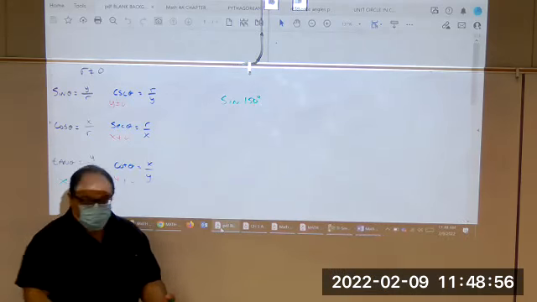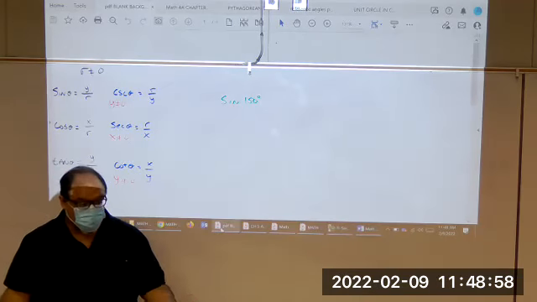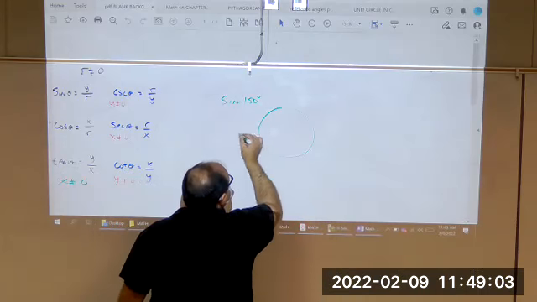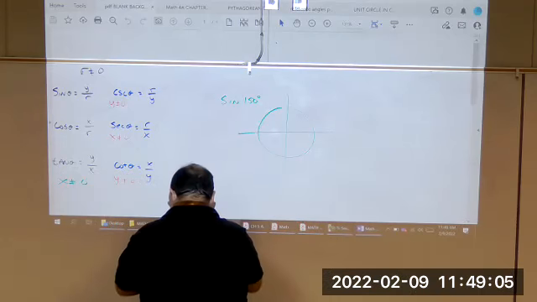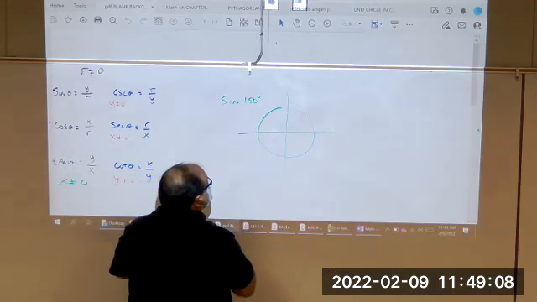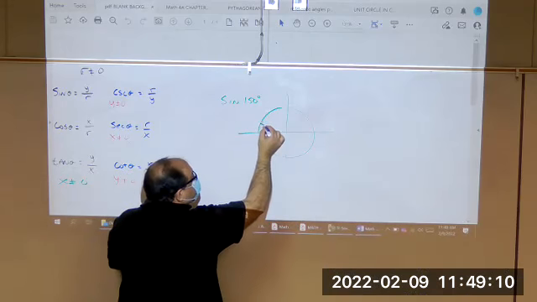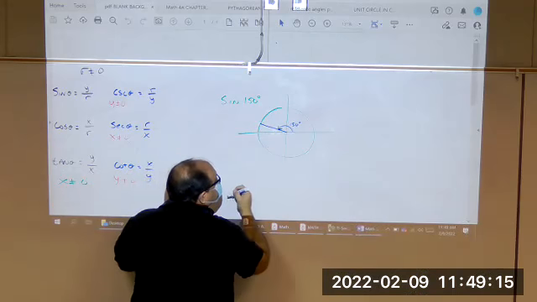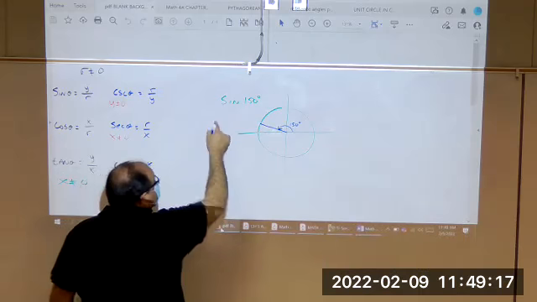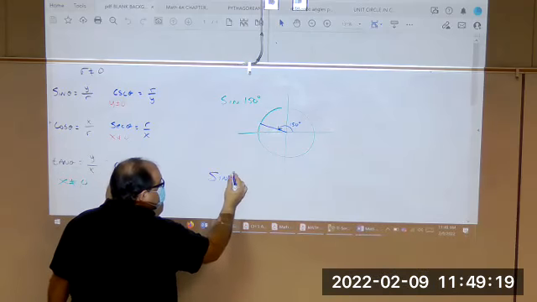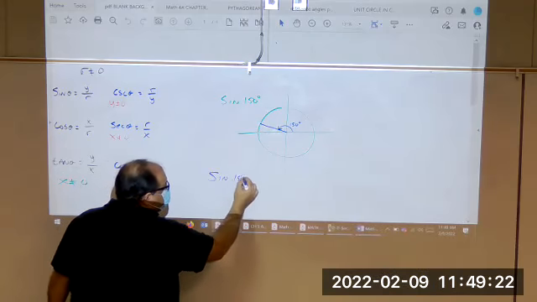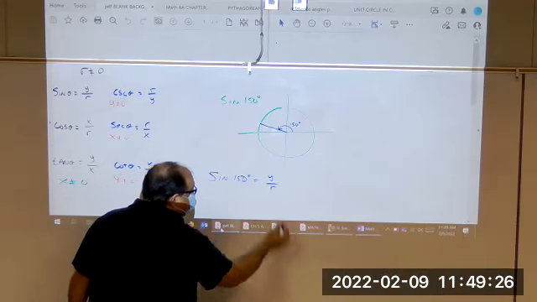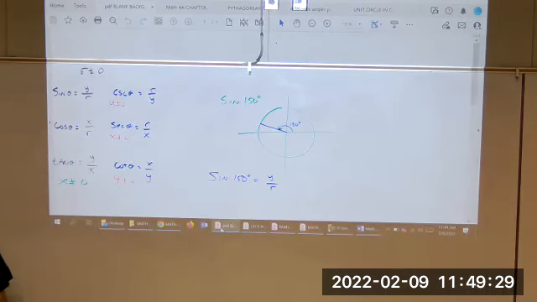Well, 150 is bigger than 90. It's not going to make a right triangle. So 150 degrees right about here. By definition, the sine of 150, what you need to know is what's the y and what's the r. That's how you make it.